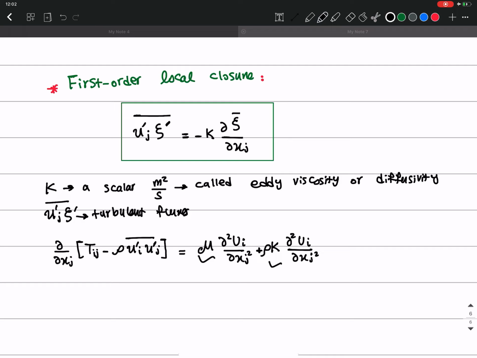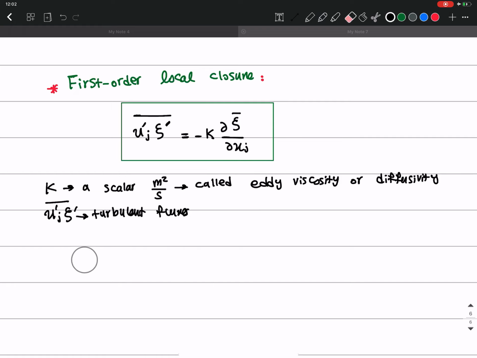And we call that eddy viscosity or turbulent viscosity, right? Because this is a viscosity that comes from turbulence, and this is a viscosity that's due to molecular diffusion, okay? So that's why we call this eddy diffusivity or eddy viscosity, okay?